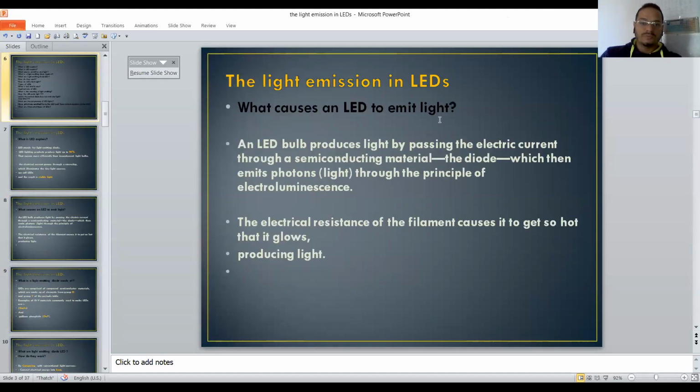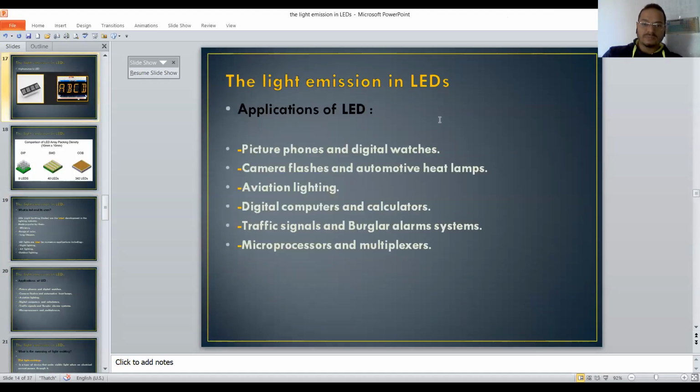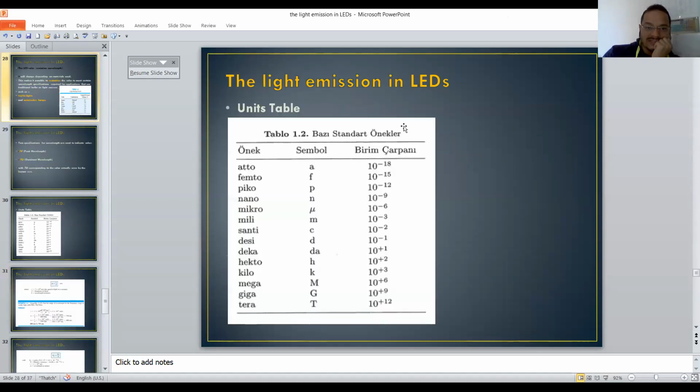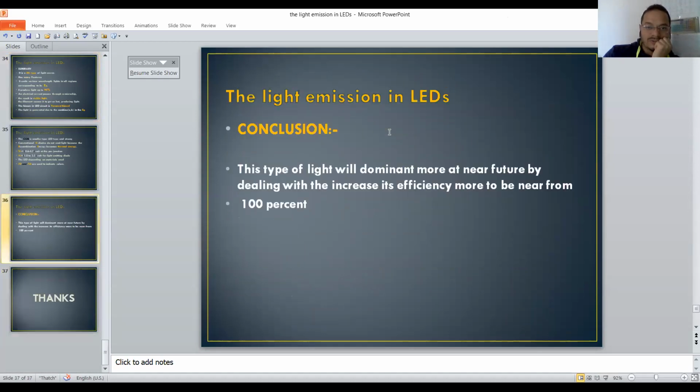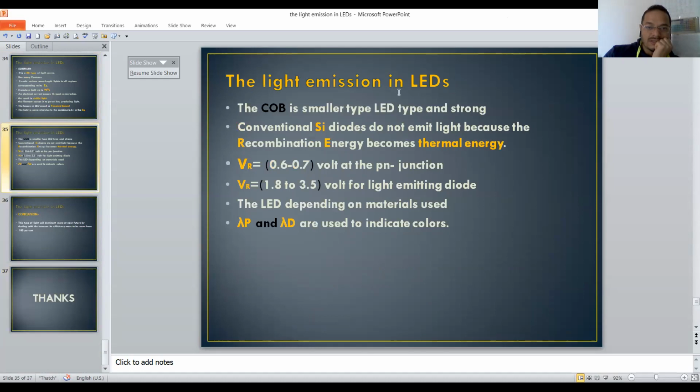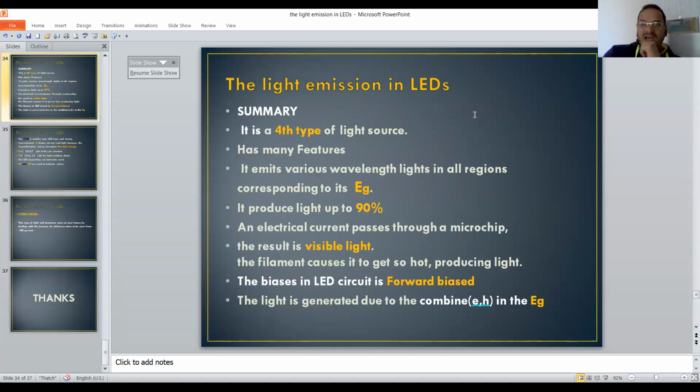That's it. That will be the last slide. Let me explain shortly how this works. This type of LED is the fourth and last type and is the modern one. It has been used since 1993 and has many features.